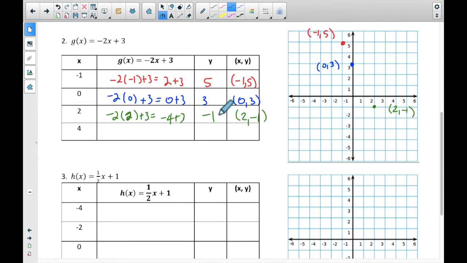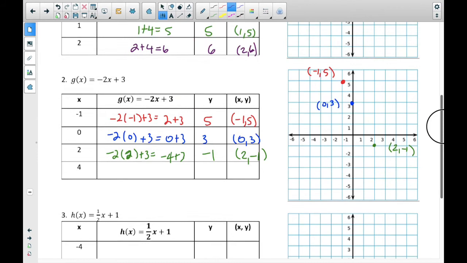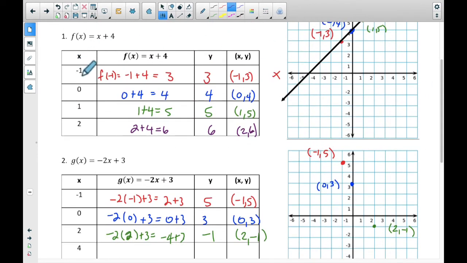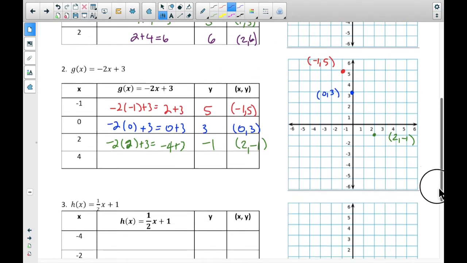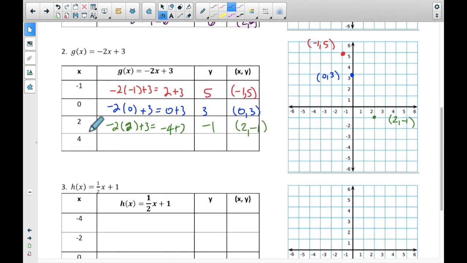Now again, we should be seeing a pattern. However, on the last one, our x's changed by 1 every time, like +1, +1, +1. And these also went up, +1, +1, +1. On this example, we're not consistent. It went up 1, but then it went up 2.